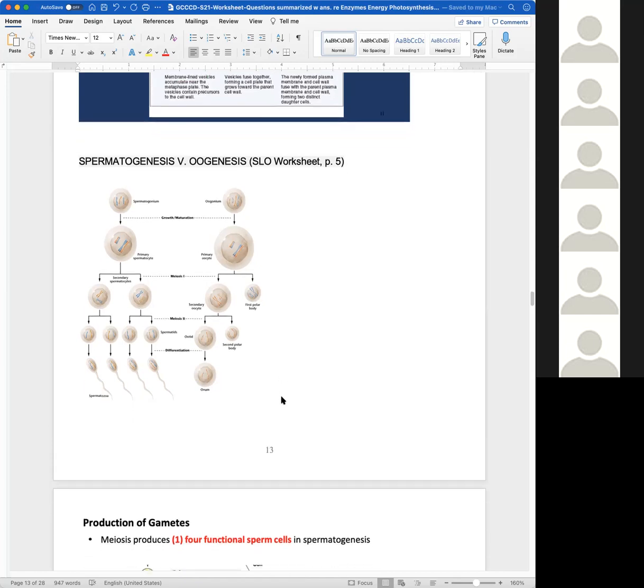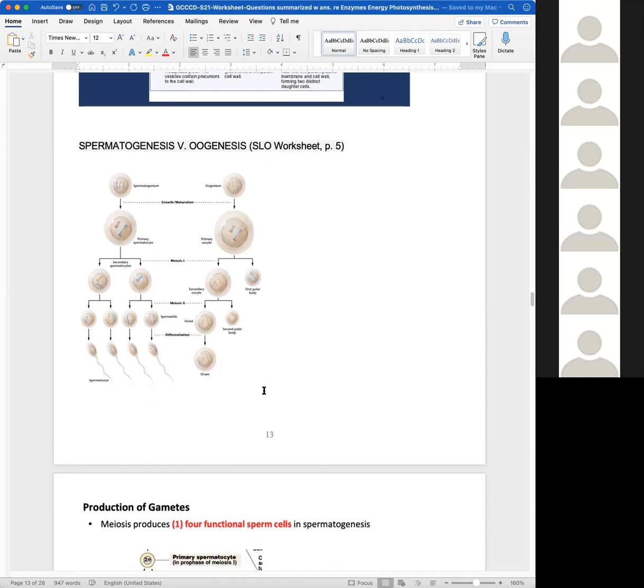So the point is that this is a distinct difference between spermatogenesis and oogenesis. In the case of sperm, the 4 products of meiosis are all alive. In the case of eggs, only 1 product of meiosis survives.